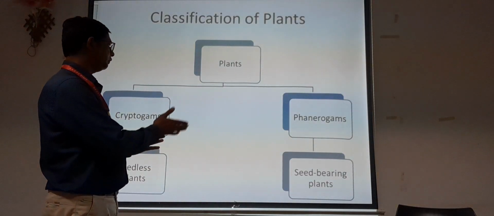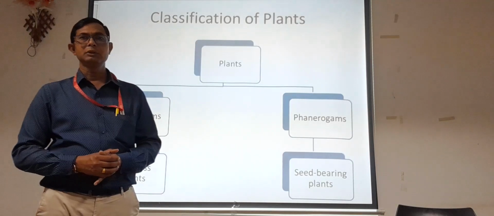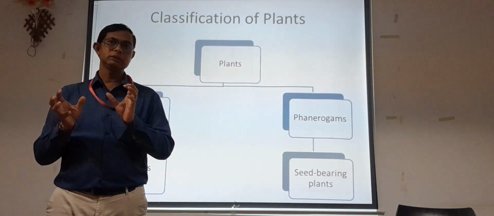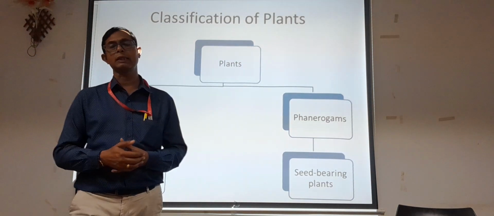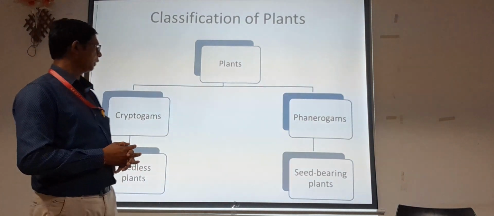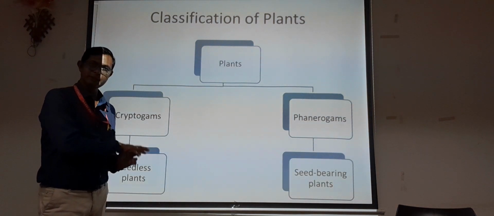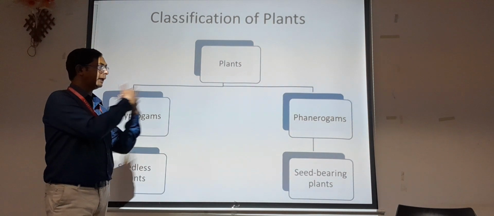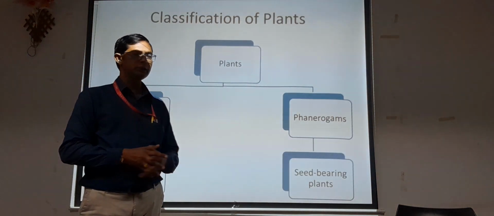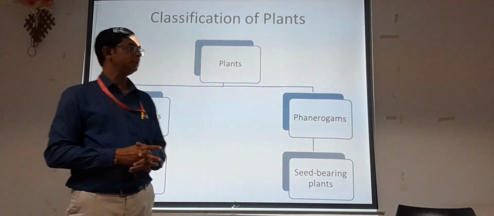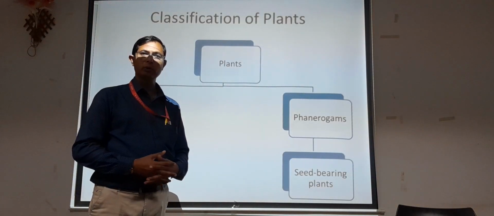One can produce seeds and the other cannot produce seeds. So simply we can say that the mode of reproduction in these two plants is different. Cryptogams are the plants which cannot produce seeds. On the other hand, plants which produce seeds, or the seed bearing plants, we call phanerogams.